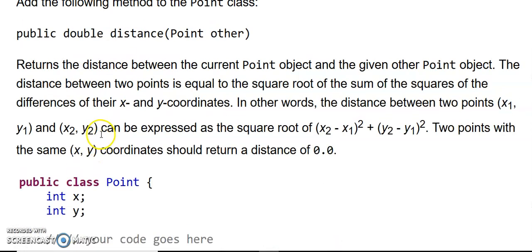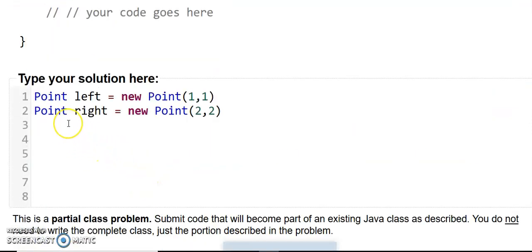then to call this function, which is called distance, we would say left dot distance right, like that. So the right point would be the explicit parameter, but the left point would be the implicit parameter because of that dot notation, right?